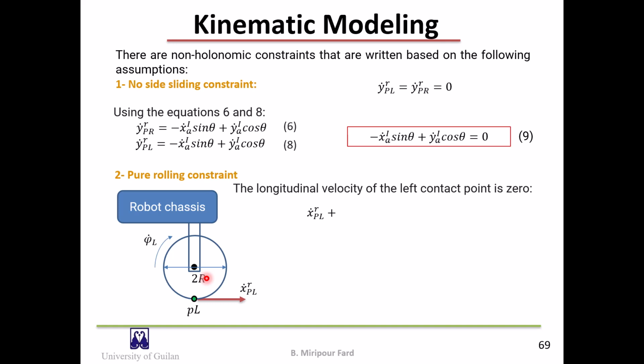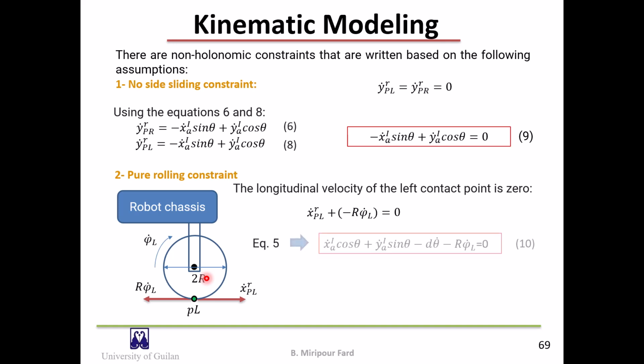Now, if we only consider the rotation of the wheel, the velocity of point PL will be equal to R times phi dot L. According to the principle of superposition, the sum of these two velocities will be equal to the total velocity, which is 0. If there is no slip, there is no side slip. There is no slip in the longitudinal direction.